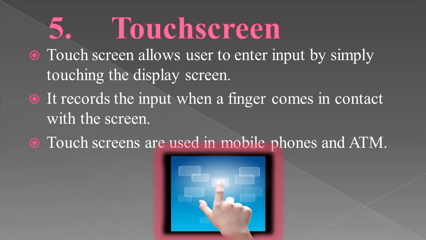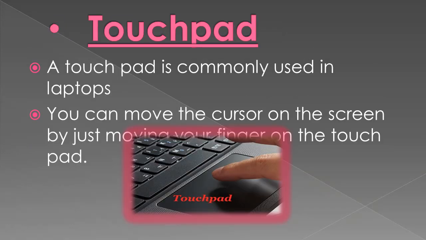Okay, moving to the next one, the touchpad. A touchpad is commonly used in laptops. You can move the cursor on the screen by just moving your finger on the touchpad. Touchpads use relative motion similar to a computer mouse. Relative motion enables you to move your finger across the surface and the cursor will move on the screen.